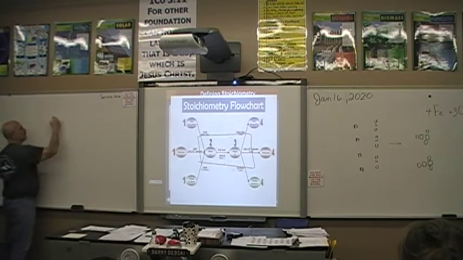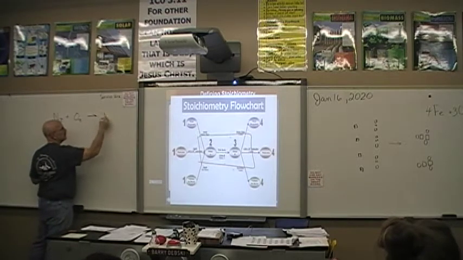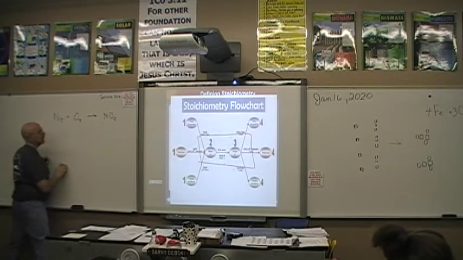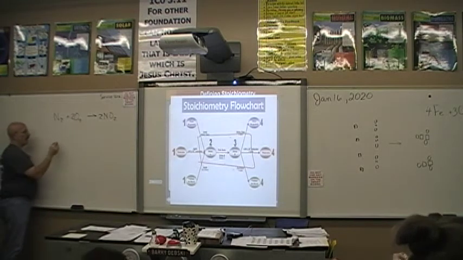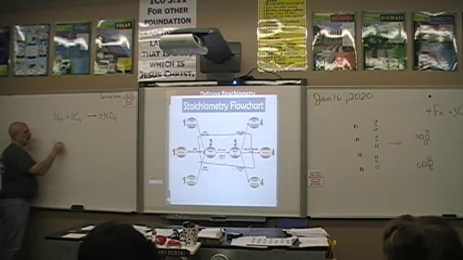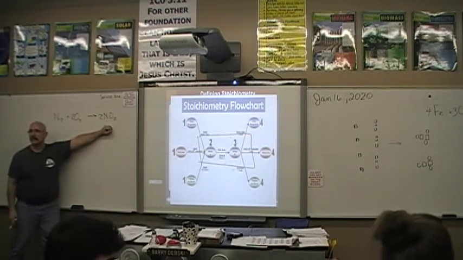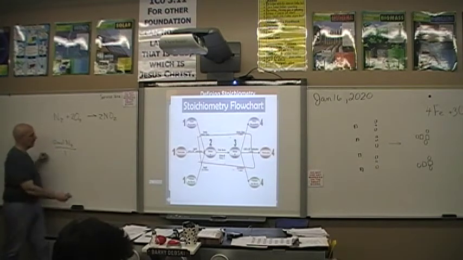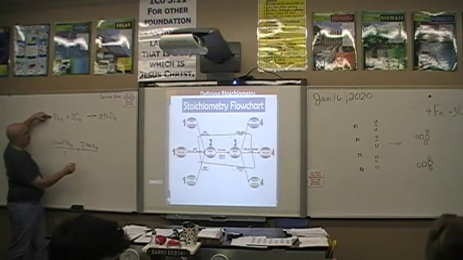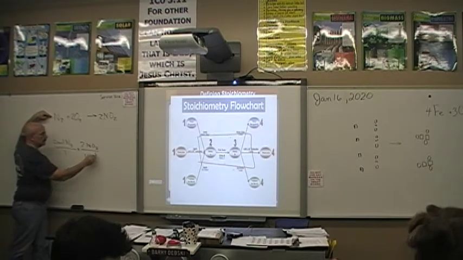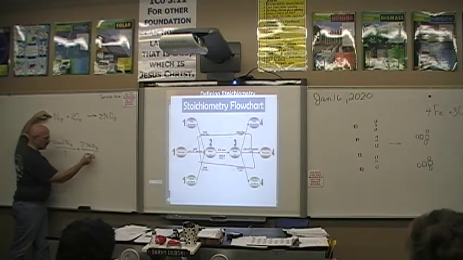So if I'm using this equation here, N2 plus O2 produces nitrogen dioxide. Let's put 2 here. Okay, and I said I have 10 moles of nitrogen. How much NO2 will I produce in moles? All I need to do is put a mole ratio here. 2 moles of NO2 per 1 mole of N2.